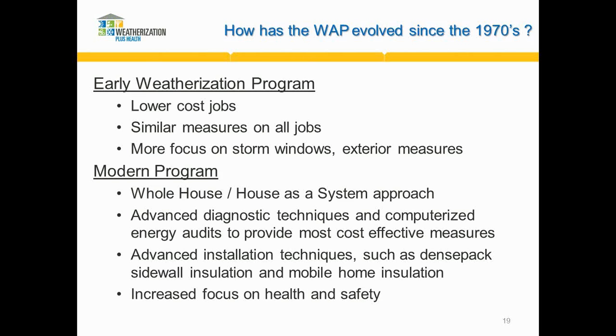For the beginning years of the program, there was really not technology to add insulation to a mobile home ceiling. If you can picture that, there's very little space there, and it's not like an attic where you crawl around and blow insulation, but that's one of the things that has evolved to make mobile home weatherization a lot more cost-effective, being able to insulate the underfloors and ceilings of mobile homes.